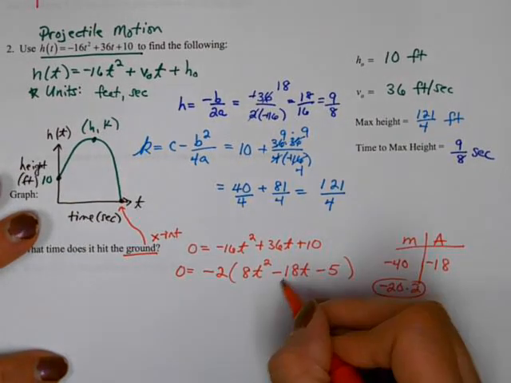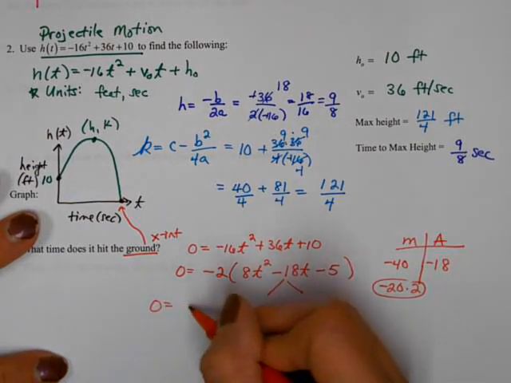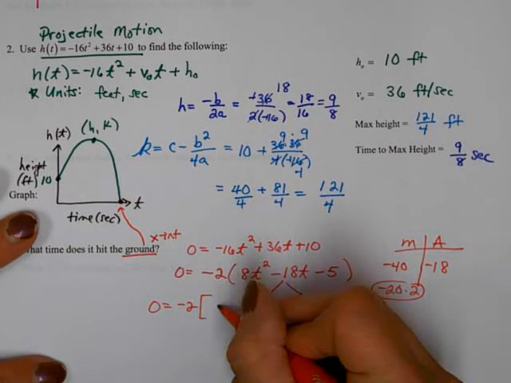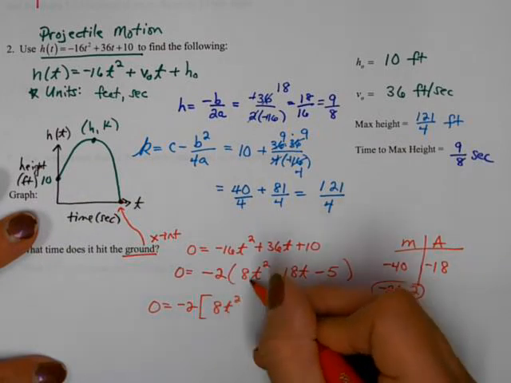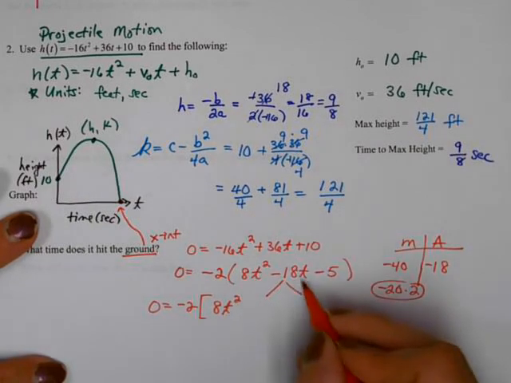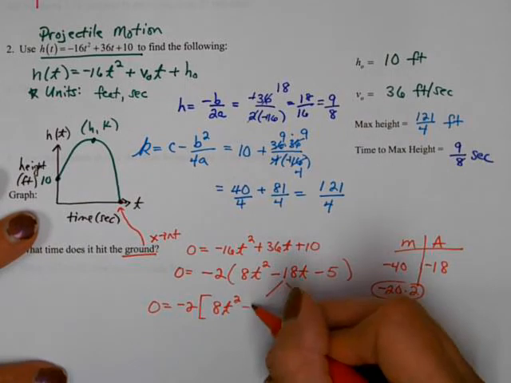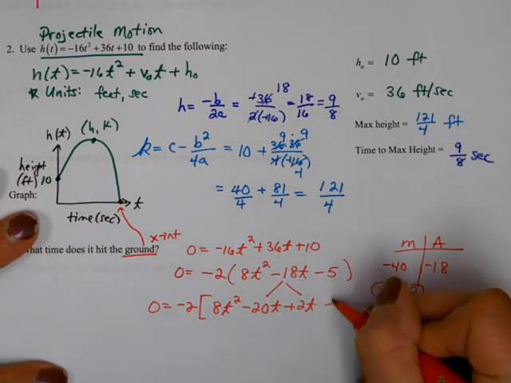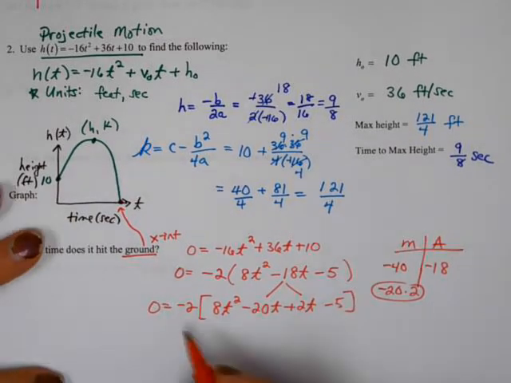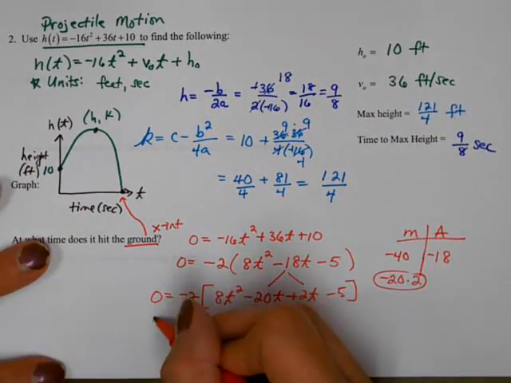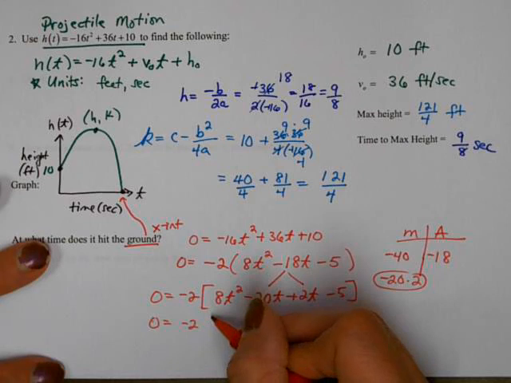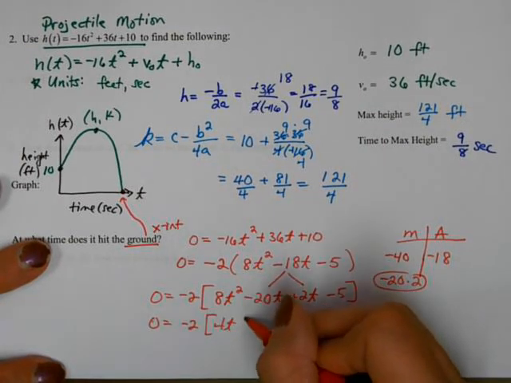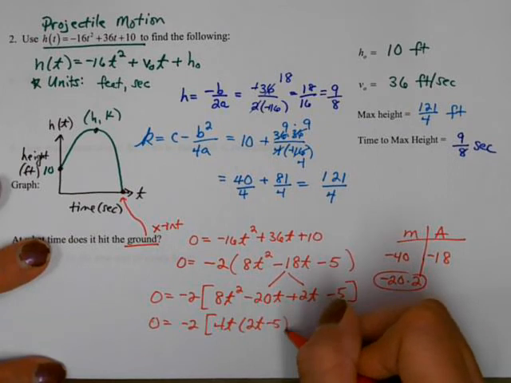You split the middle. So what you have here is the negative 2 outside, and I'm going to use some brackets. 8t squared is the beginning term. Your middle, your t's are now both of these, minus 20t plus 2t, and then you write minus 5. And now it's a factor by grouping problem. If I factor out a 4t, that leaves me with 2t minus 5.